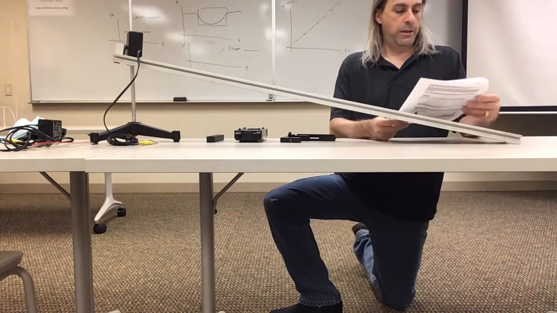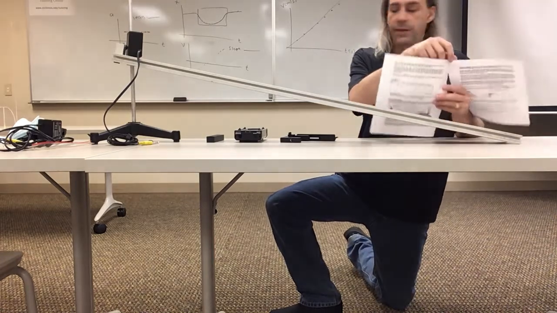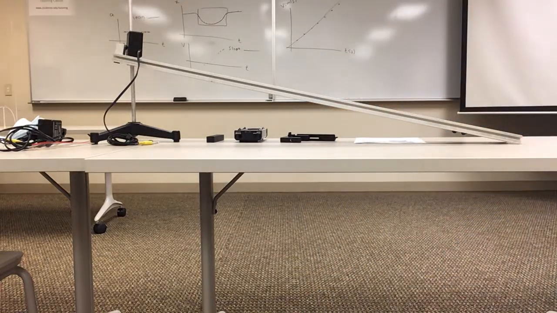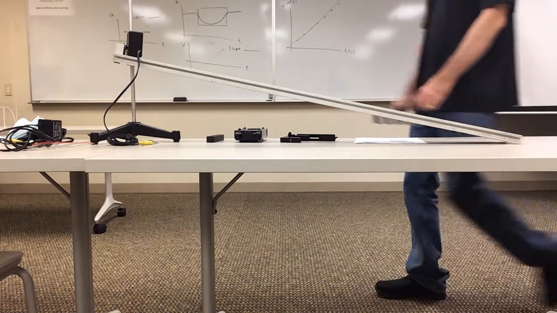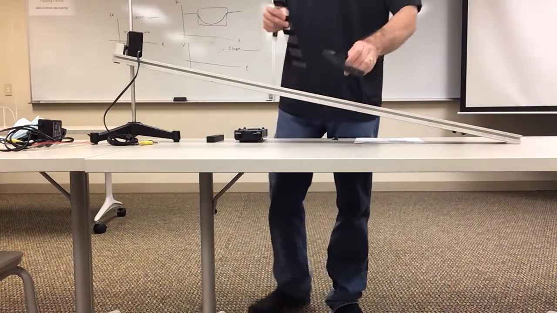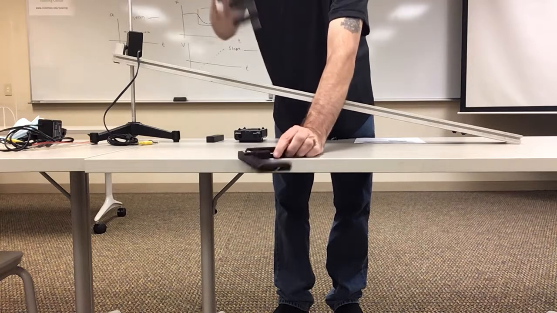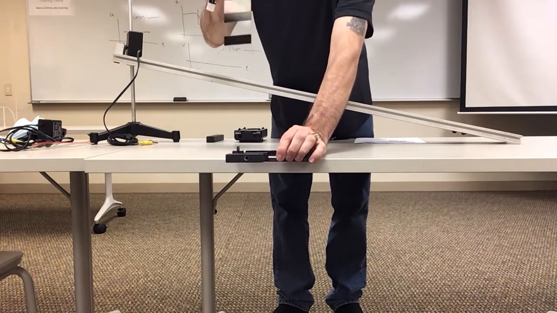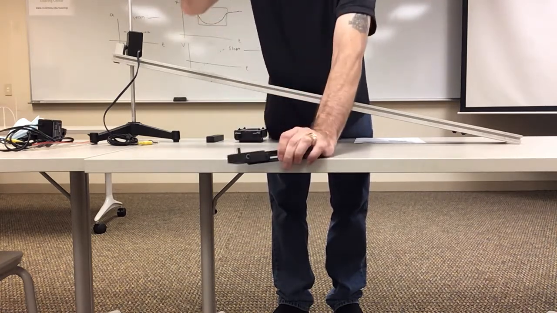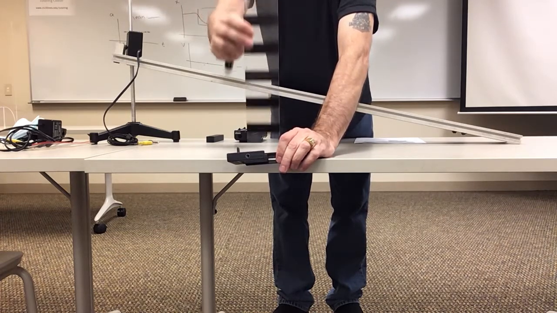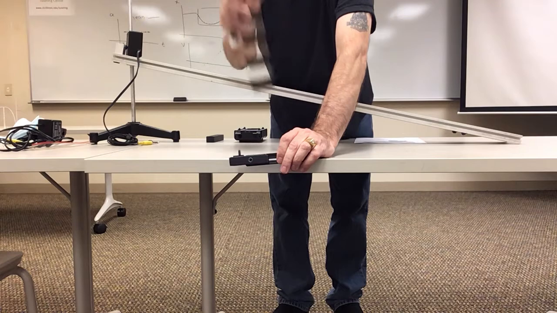All right, and then there's one more part of the experiment, which I'll just show you. We would set the photogate over the edge of the table. I'll do it this way so you can see it, and then we drop this beam blocker. This one has equally spaced, uniform horizontal stripes.